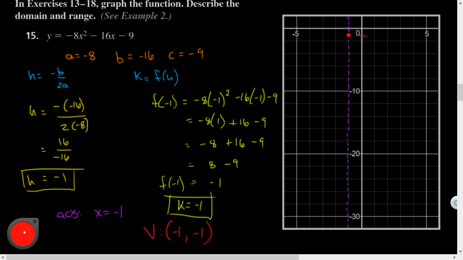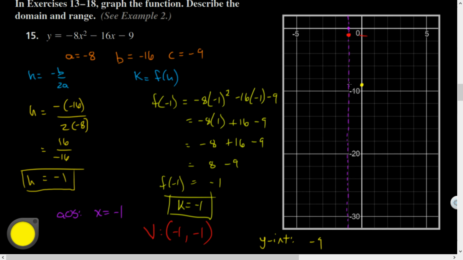All right. Let's see. What was the y-intercept? Does anyone know the y-intercept? Yeah. So the y-intercept is whatever the c was. So that's just -9. So -9 is also going to be halfway between our grid.